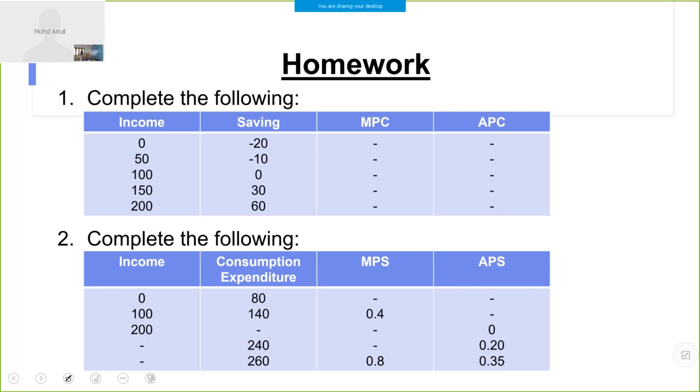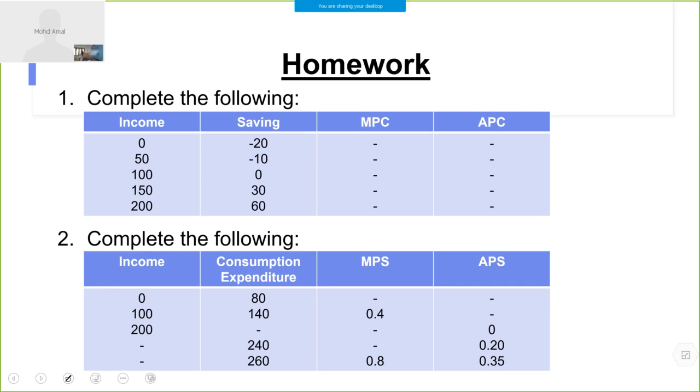The next second question, complete the following. Here income and consumption expenditure. 4 columns you have to do: income, consumption expenditure, MPS and APS. Income 0, 100, 200, the next 2 levels blank.